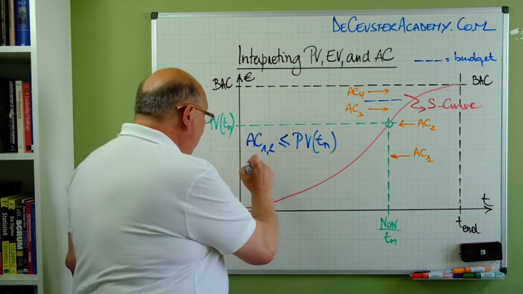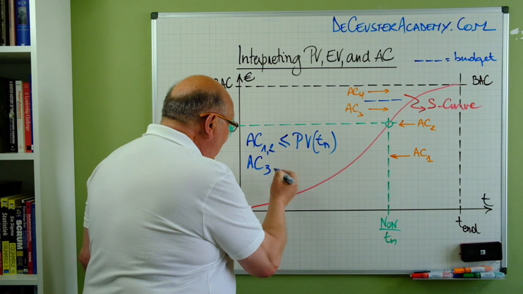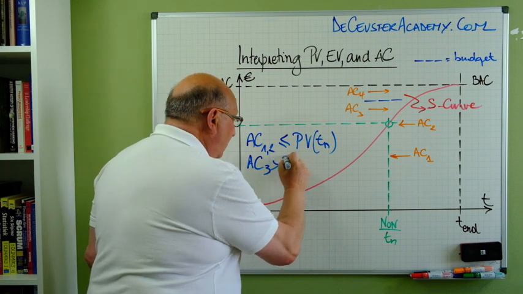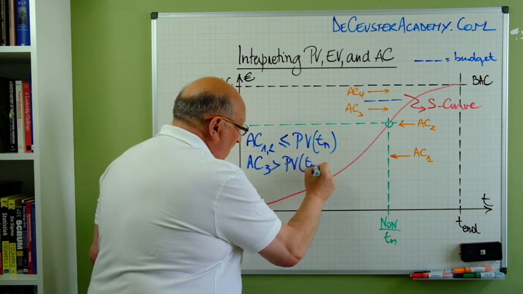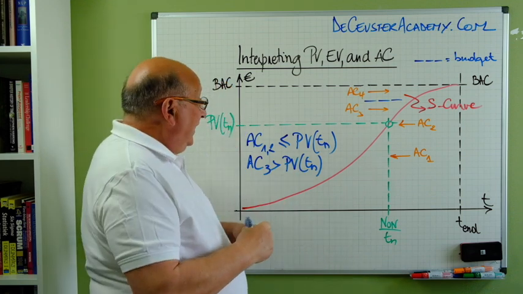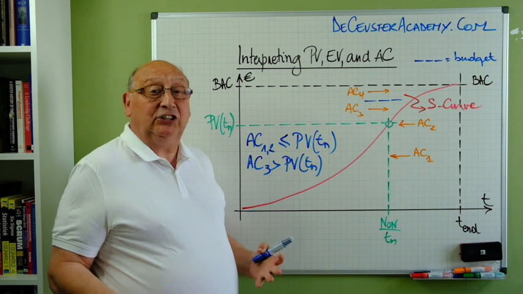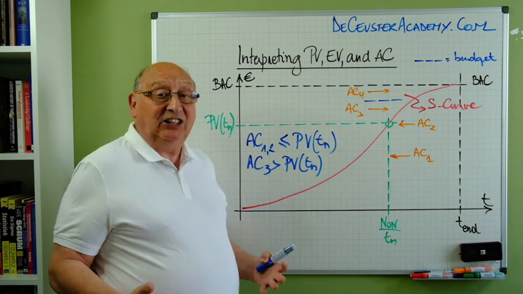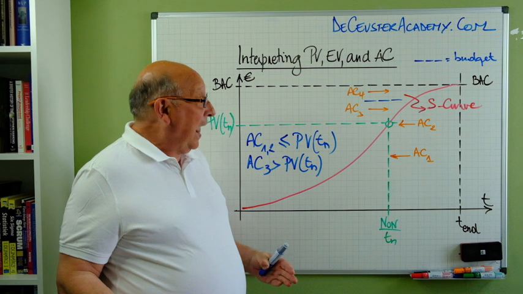The second thing, we have actual cost 3, larger than the planned value, which is typically considered as being negative. We're spending too much money.